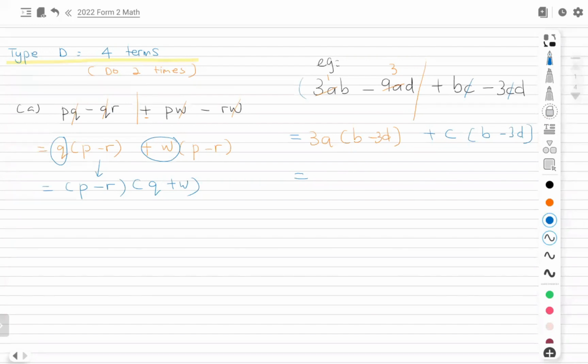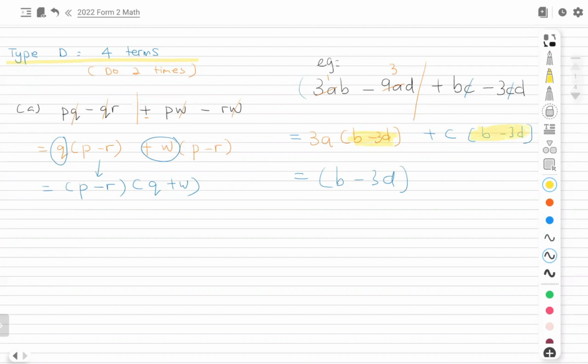Kaijun, B minus 3D, yes. But I think there's something missing. Some number is missing. B minus 3D, yes.